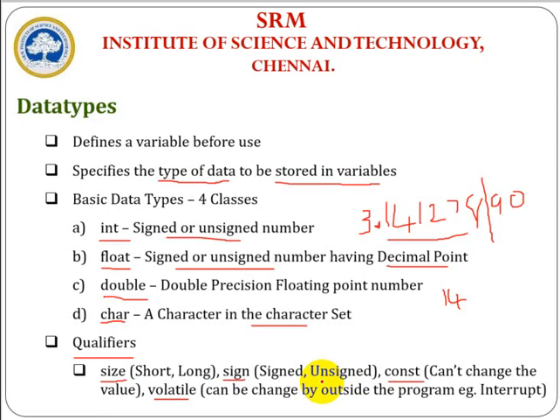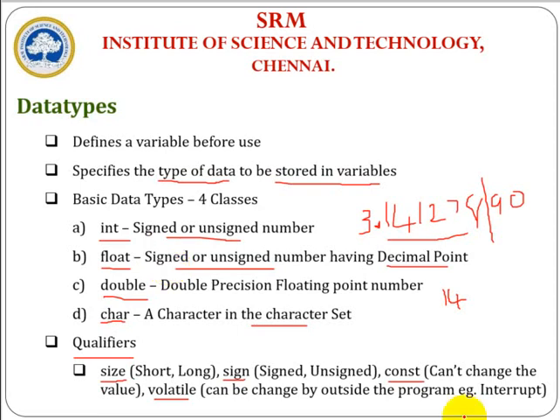So the signed or unsigned qualifier restricts positive or negative information. By default, the signed data type is used, which means you can get negative values. If you want to restrict it to positive values alone, you need to declare unsigned int.